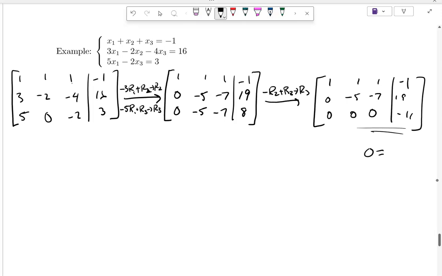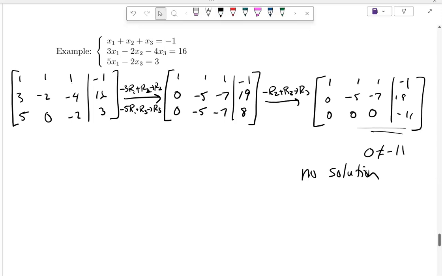It says 0 equals negative 11, which is not true, right? So what does that tell you for the system? No solution. Good. Remember, when you get a false statement, one number equals a different number, that tells you have no solution for the system.